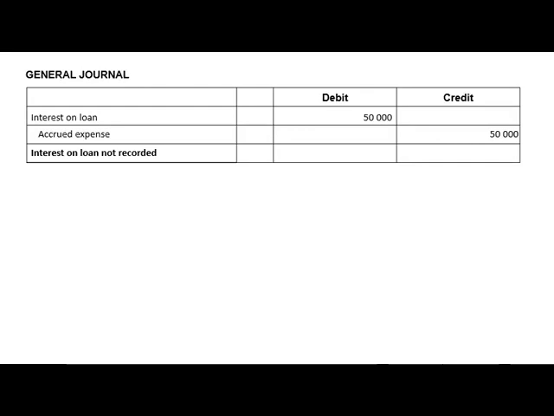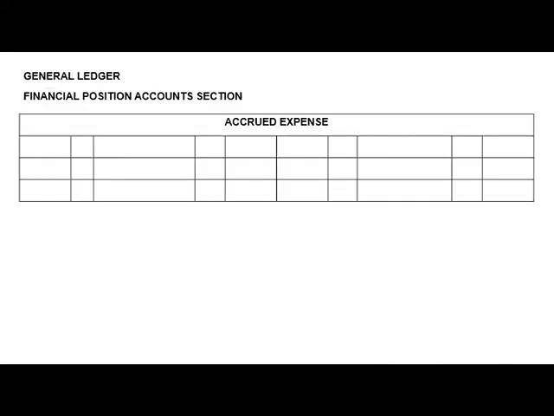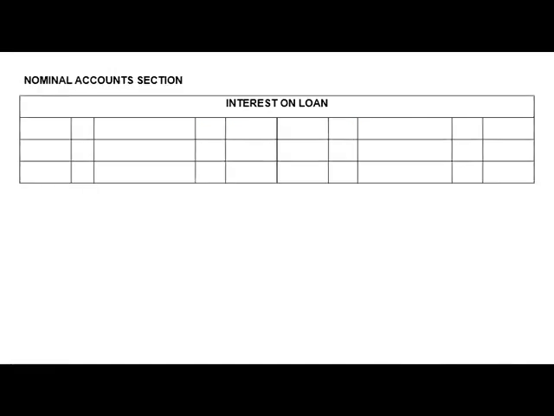Our accrued expense is a liability account. So since it's a liability account, it'll be a minus plus. So what goes into this accrued expense? It will be your interest on loan, which is 50,000 rand. And for your interest on loan, it's an expense account.